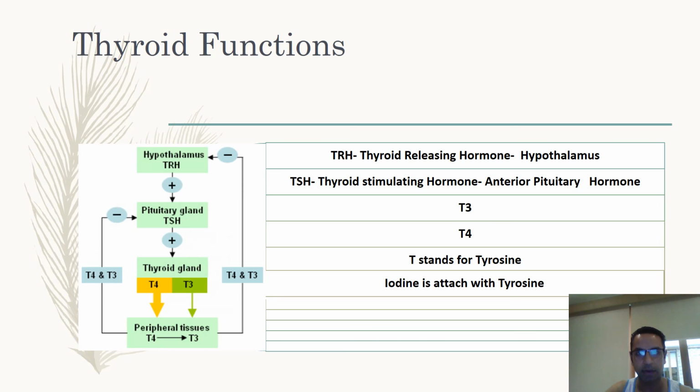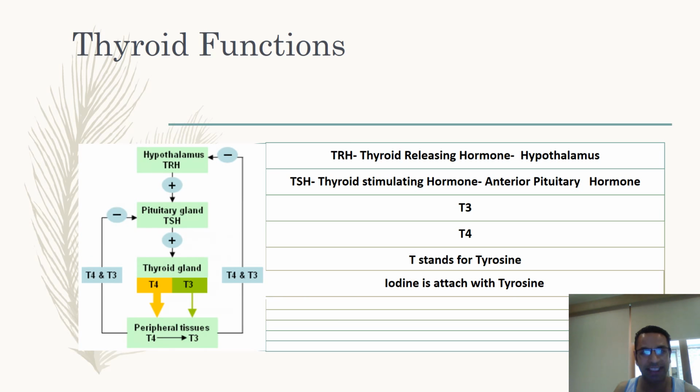So for example, the hypothalamus sends the TRH, which is the thyrotropin releasing hormone. Then it goes to the pituitary gland, and especially the anterior pituitary gland, which tells it to release the thyroid stimulating hormone. Then it gives a signal to the thyroid gland, which sits somewhere around here, and it releases T4 and T3.